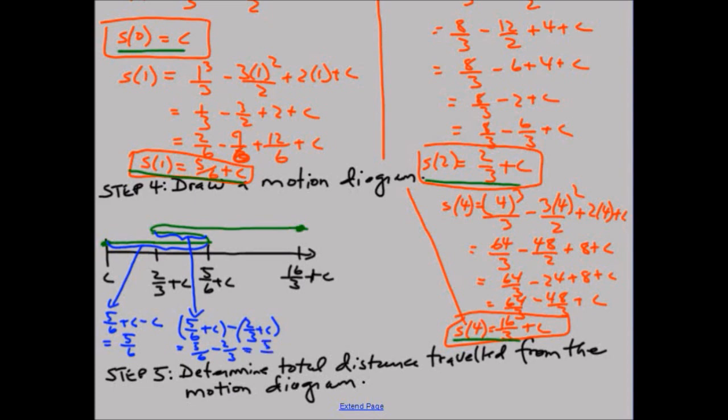So that's 5 over 6, subtract 4 over 6, which is 2 over 6, which is 1/3.